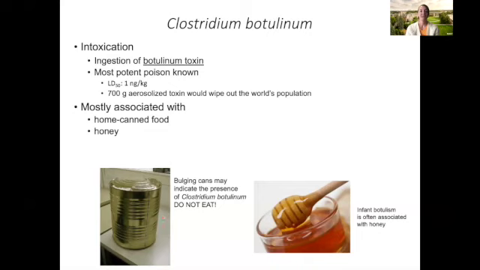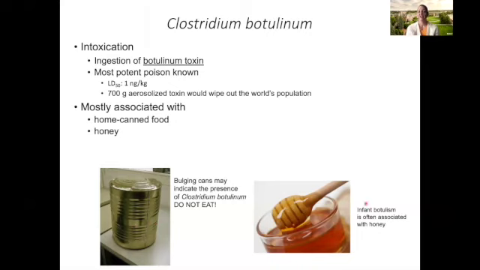The reason that we can still get botulism from foods that have been canned and processed, which if you've ever canned food before, you have to boil it in a water bath and seal it off, is those endospores. Boiling and heating will not kill the endospores, and because they're anaerobic, if you seal them in an anaerobic environment, those endospores can then become vegetative cells again and start producing botulinum toxin in this can of food.